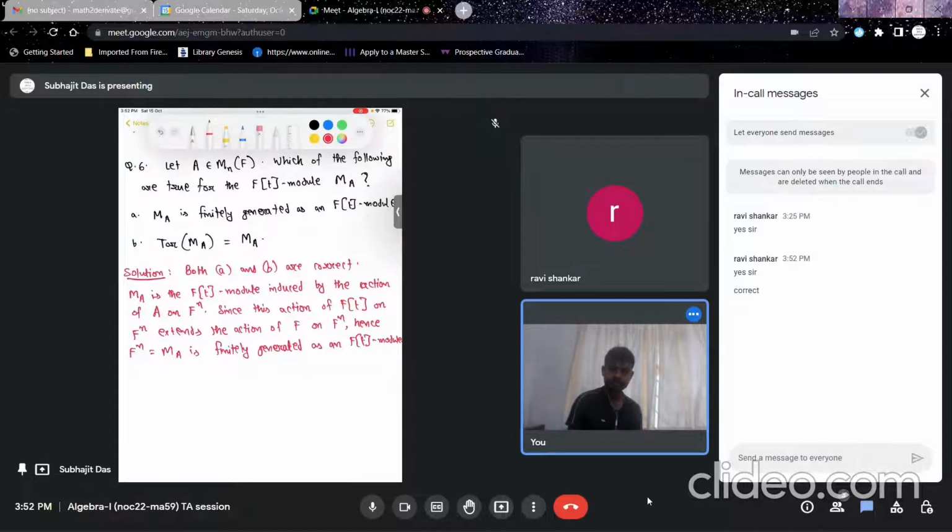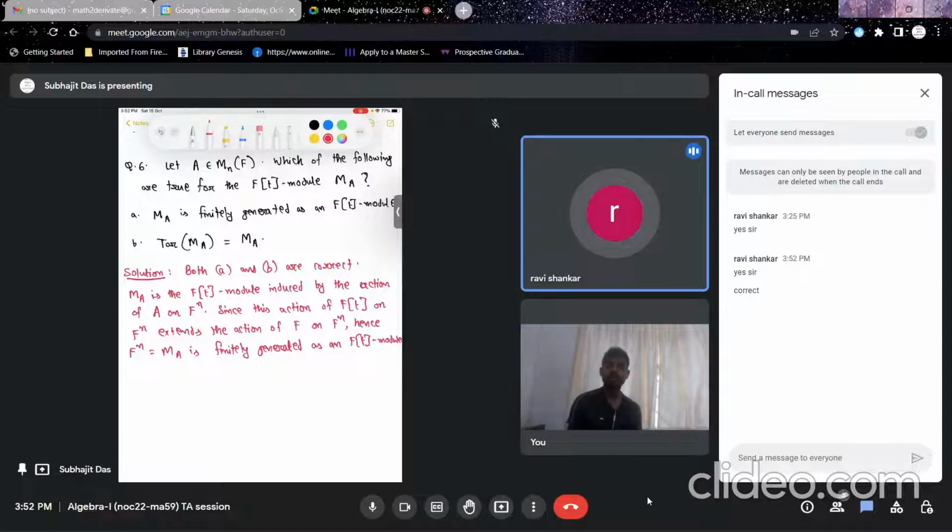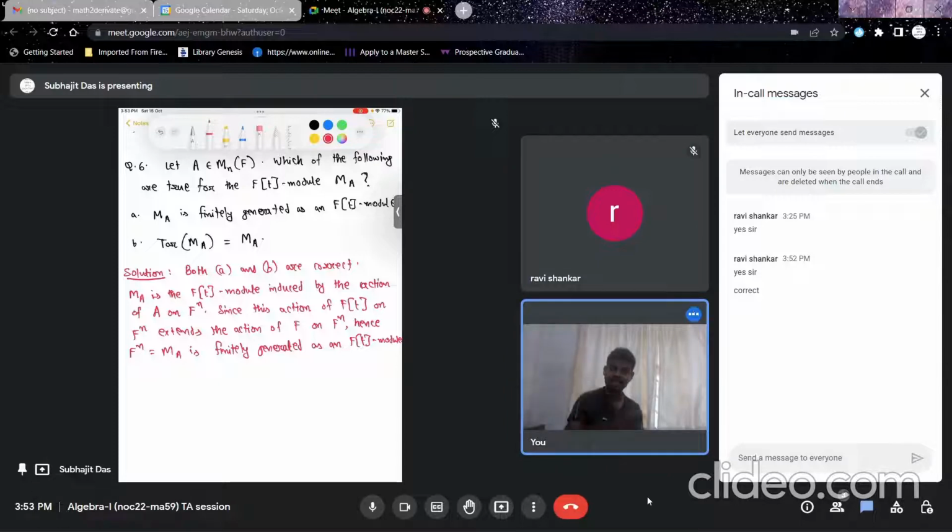So suppose E1 up to En generate Fn as a vector space over F. Then E1 up to En will also generate Fn as a module over F[t], right?